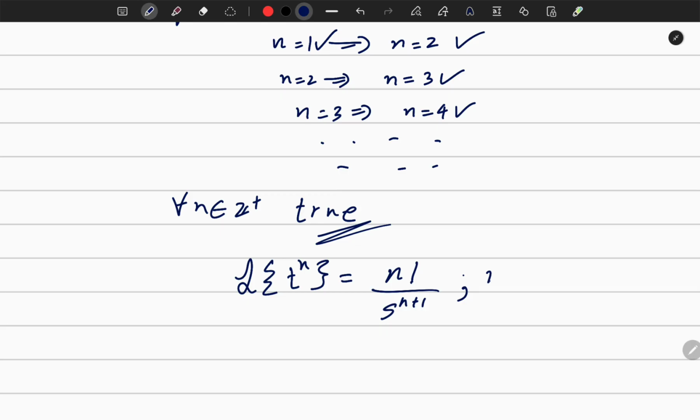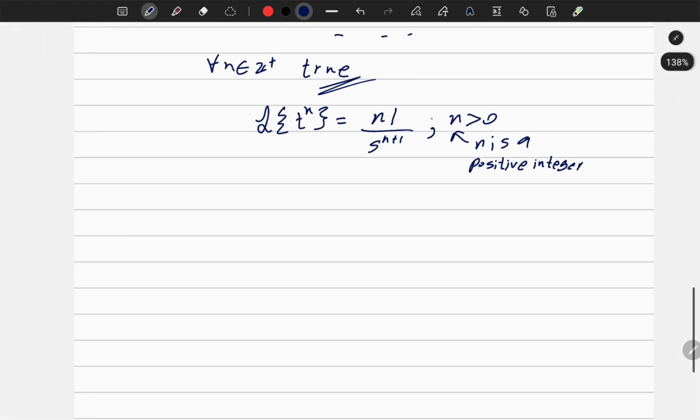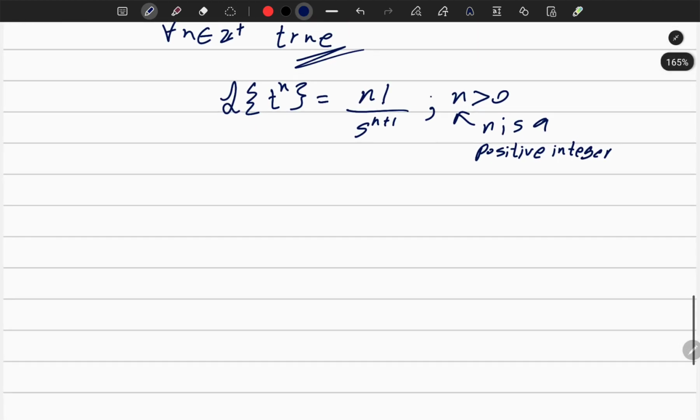Here n is a positive integer. Okay, let's prove this by the gamma function. That is basically method 2.